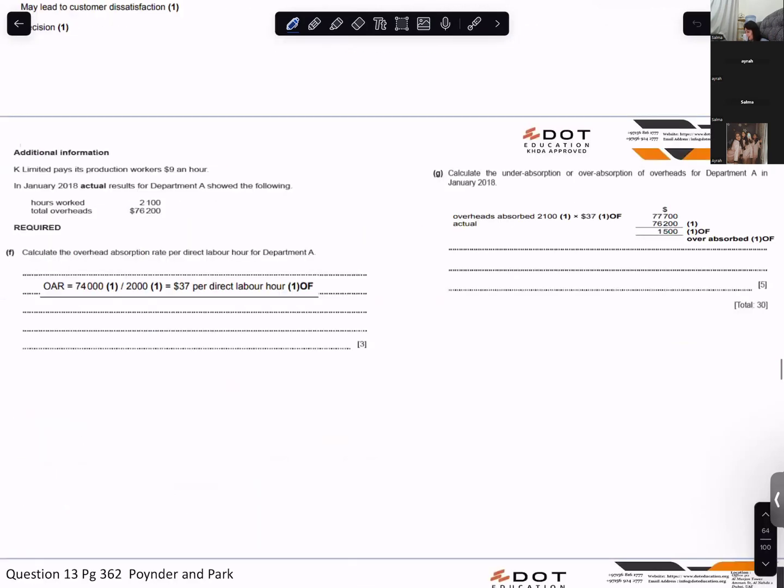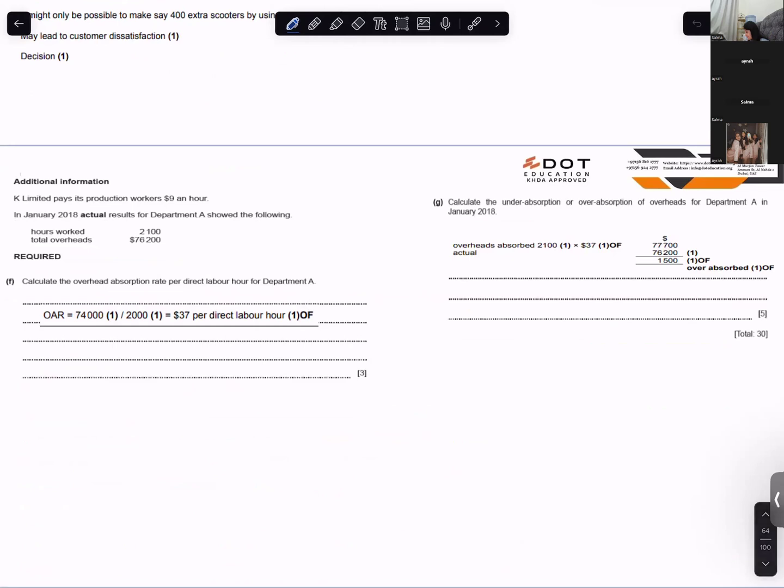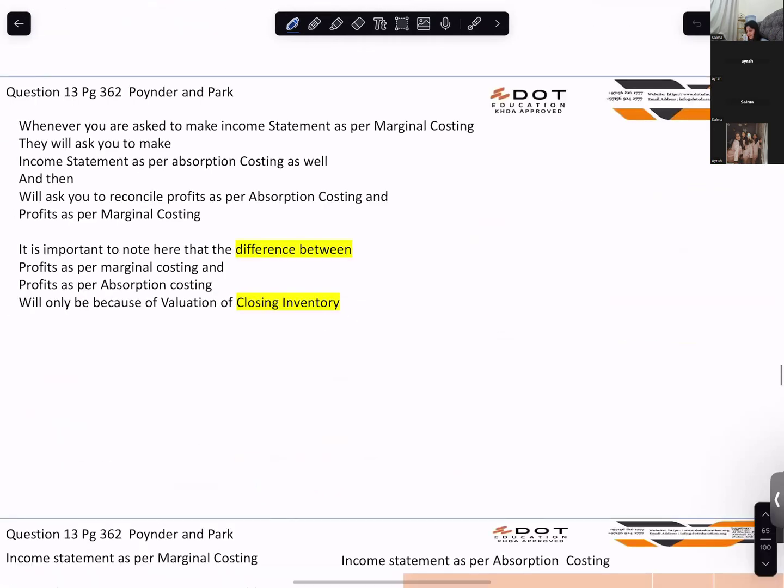So if expenditure is more than recovered, you have under absorbed. If expenditure is less than recovered, you have over absorbed.